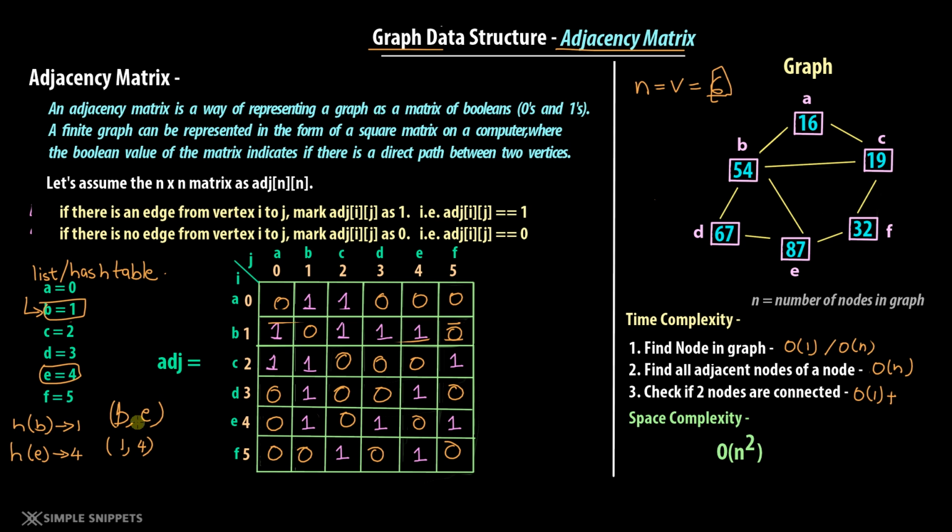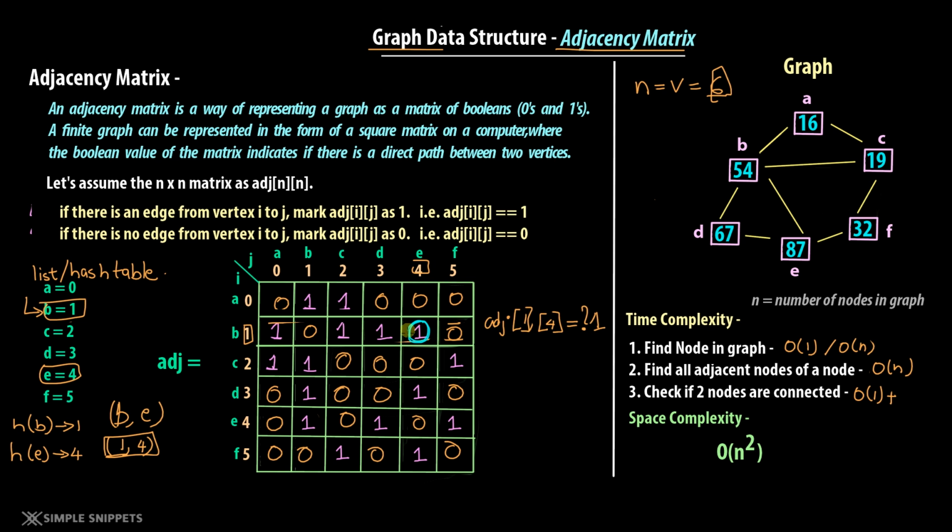Plus, now you simply have to go to this particular cell in this 2D matrix. You'll have to say ADJ of 1, 4, is it equal to 1? So let's go to 1, which is this cell for B, and 4 is for E, and which is that cell?